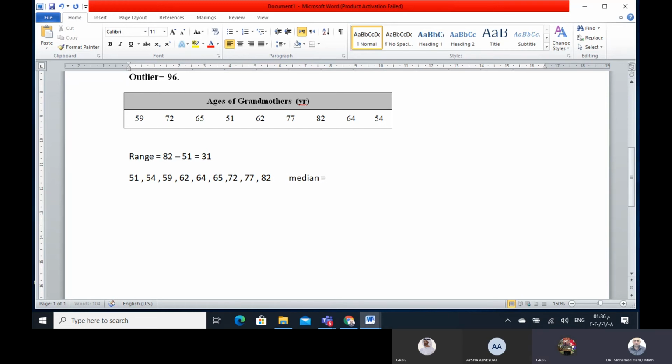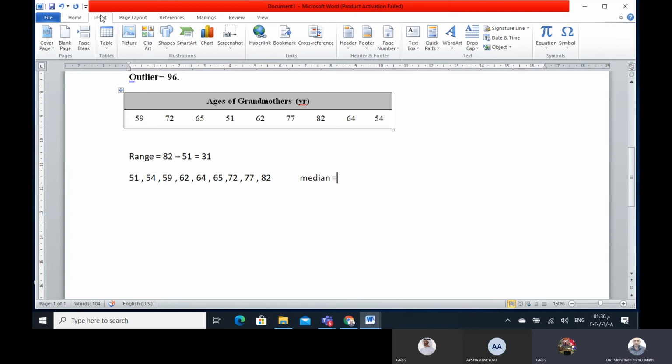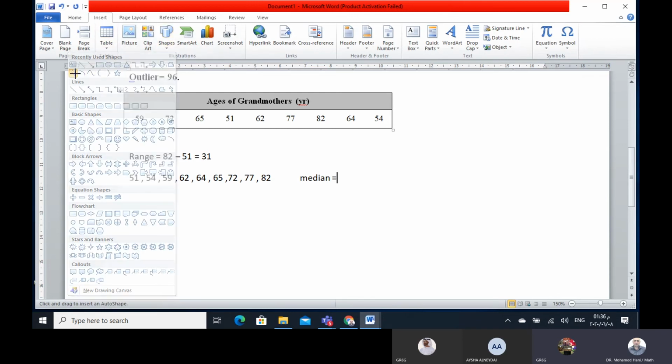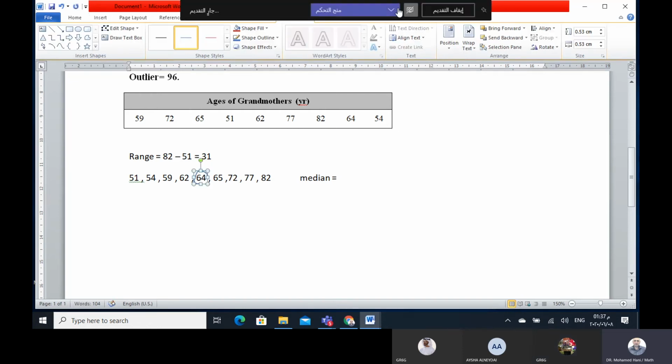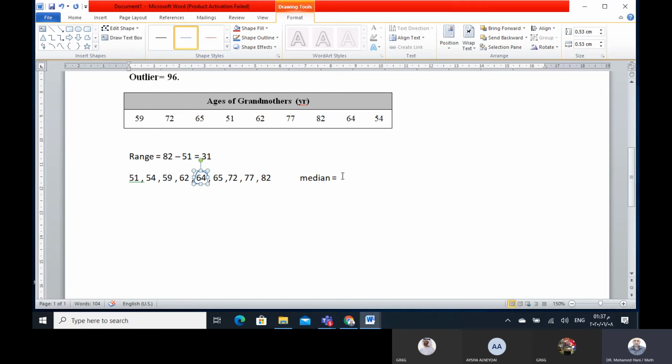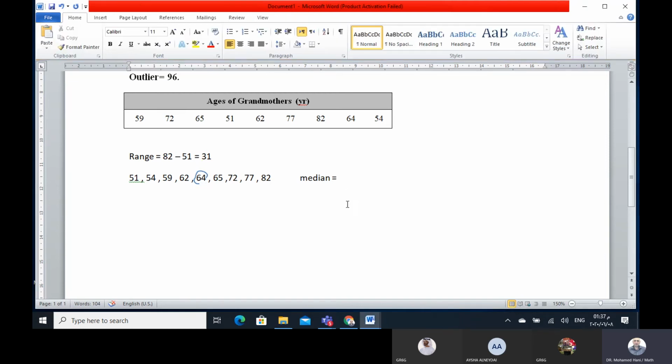Mr., the median equals 62 plus 64 divided by 2. As you see here, Ryan, we have 1, 2, 3, 4, 5, 6, 7, 8, 9. 9 is odd. When you have an odd number, just take the number in the center. So here the median will be 64. Great, Ryan. Then what is the first quartile now?